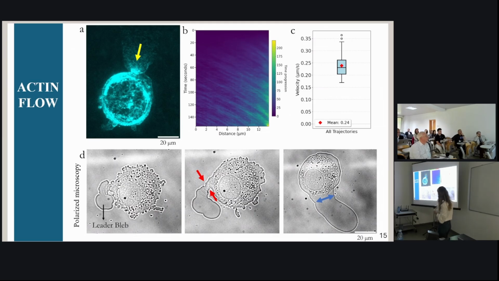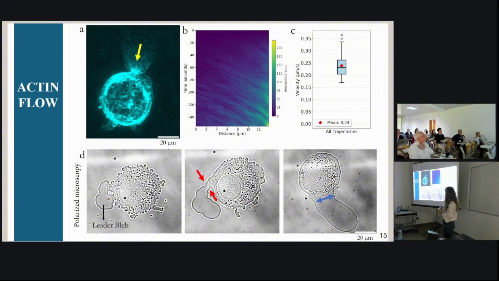Here we can see once again the little bleb, the remaining body, and the accumulation of actin in this constricted neck, and it's possible to see an actin flow from this part of the cell towards the constricted neck. It's a flow like that. We did kymograph analysis to quantify and describe this type of flow, and we found velocities of this actin flow around 0.24 micrometers per second.